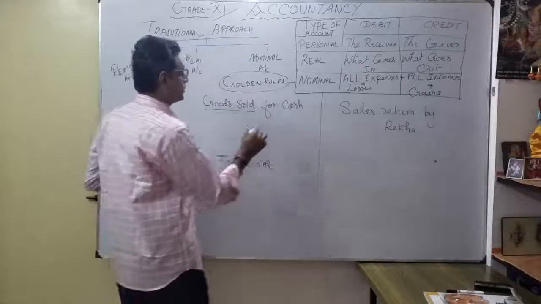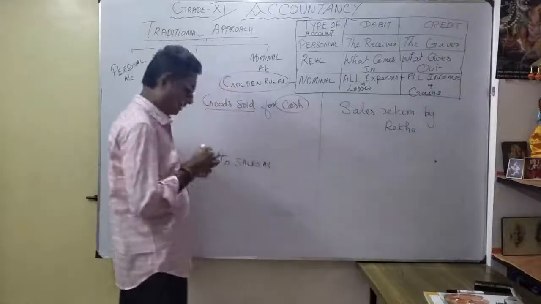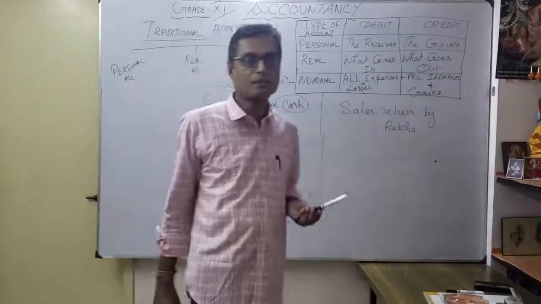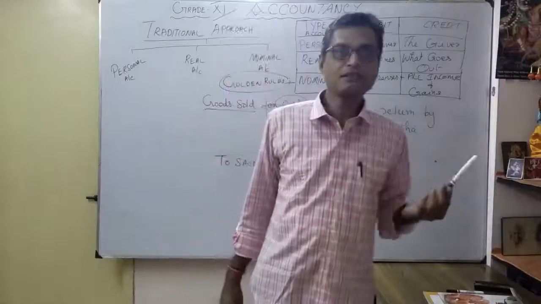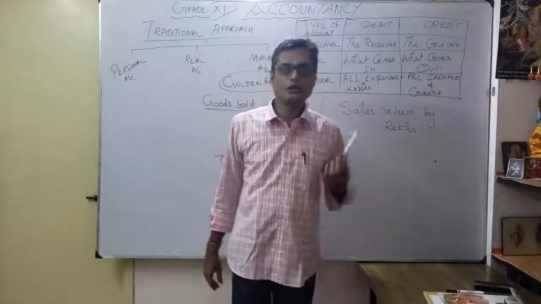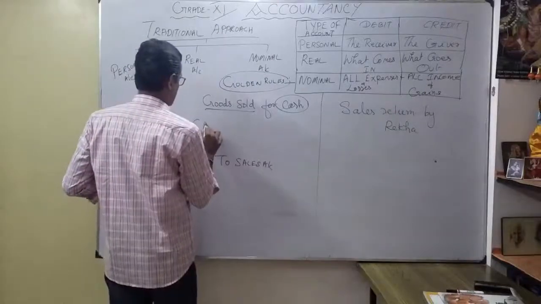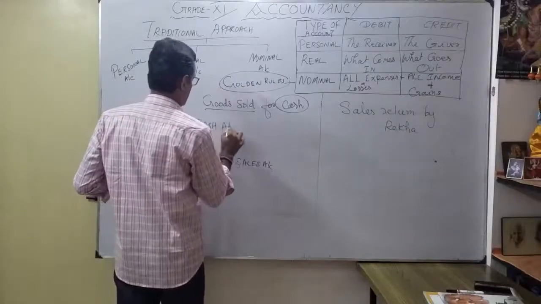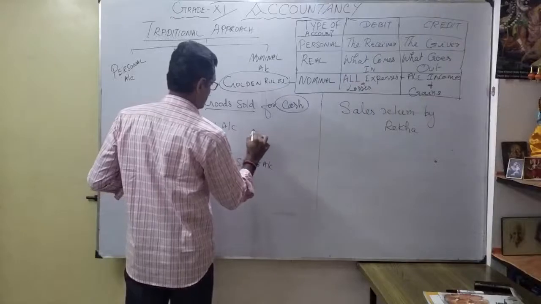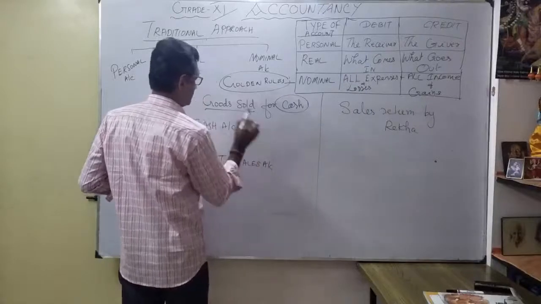Sold for what? Cash, so I got money. Cash comes under real account as an asset. What is the real account rule? Debit what comes in. So I put cash account here, cash account debit.